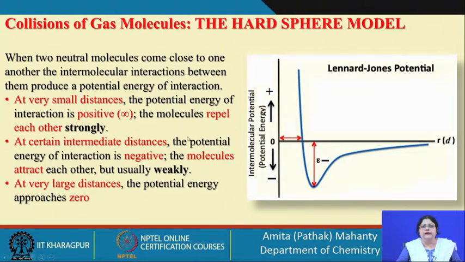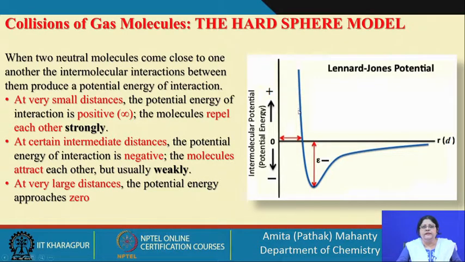What does it essentially say? When two molecules come close to one another, the intermolecular interactions between them produce a potential energy. This potential energy arises out of the interactions of the electrons and nucleus of one molecule with those of the other. When the two molecules are very close to each other, the potential energy is very high.